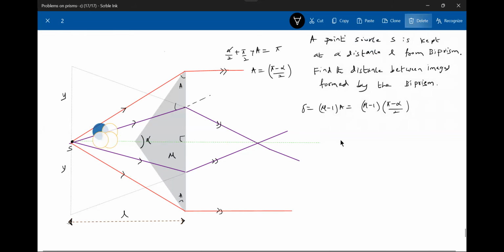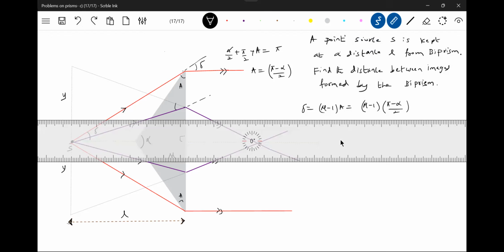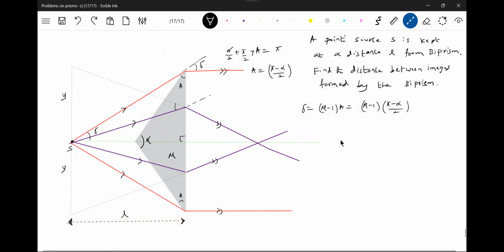Now you see this. This will be the deviation, and then this will be the deviation. If you want, you extend further. Let me bring that dotted line.